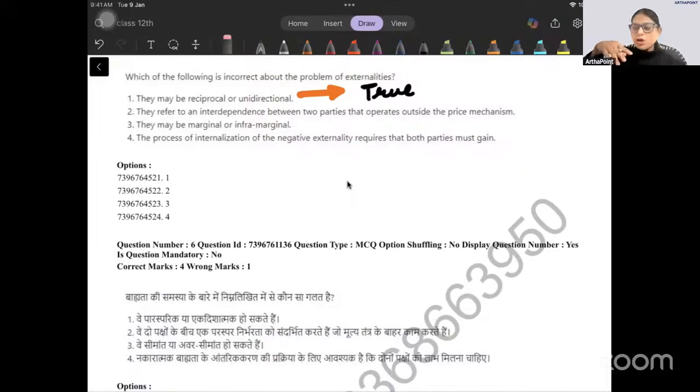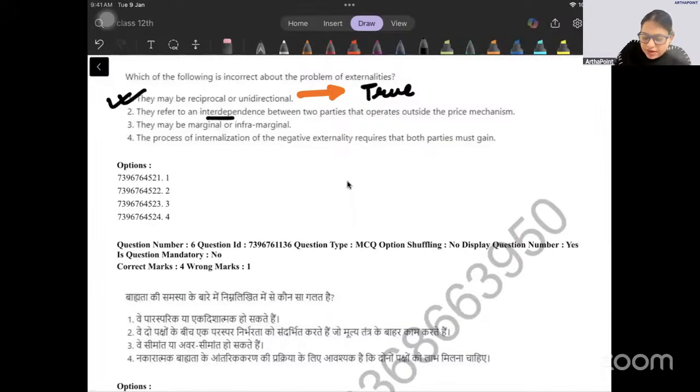Or just imagine in your house, you are in your room playing some movie, and in the next room your parents are watching some other show and you are not able to concentrate on your movie, and the other way. So it can be both directions. माने it can be a reciprocal one also. दोनों एक दूसरे को भी disturb कर सकते हैं. So this is correct, इसमें कोई problem नहीं है, this statement is fine.